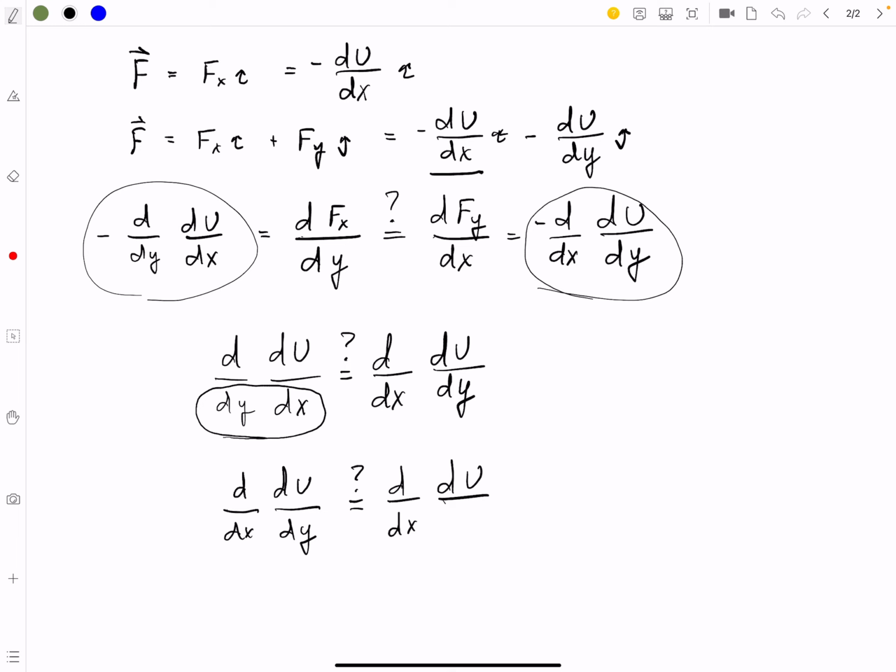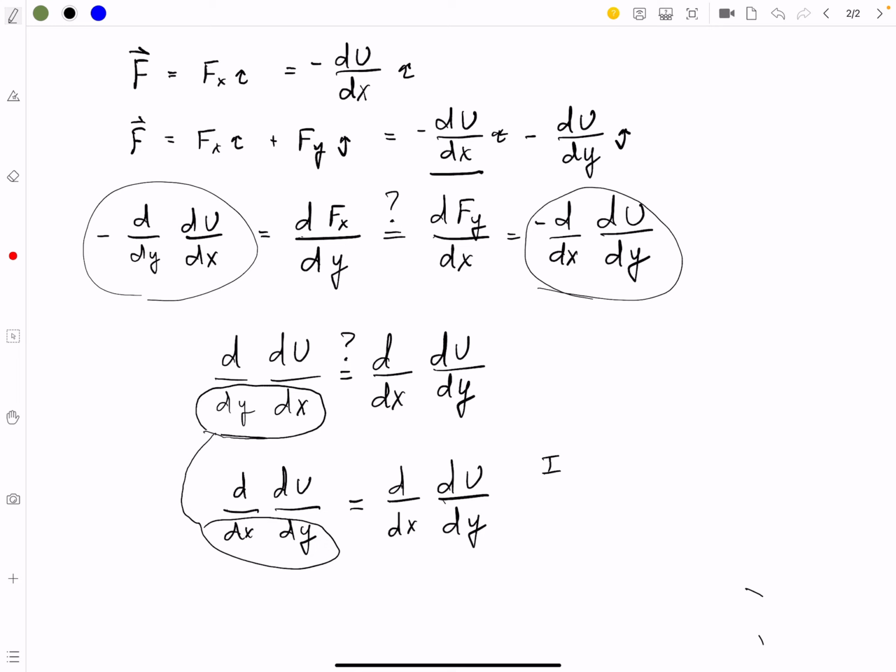So if the order doesn't matter, then of course this is equal to that, right? Because we're saying the order doesn't matter, and we have just switched these guys, right? Just switch them around. In this situation, the order doesn't matter. That's a conservative force. The order of derivatives that you take.